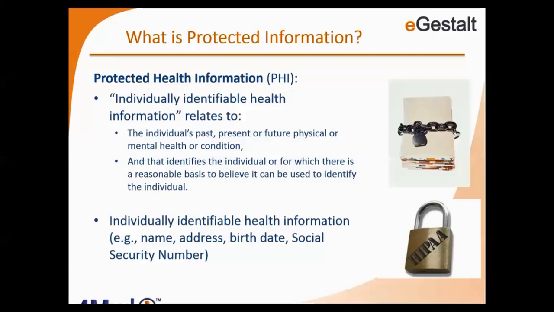And the reason this is critical is because PHI contains information about the individual, the patient, that could be a name, address, birth date, social security number. It could be related to the past, present, or future physical or mental health condition. It could be anything that can be interpreted and related to a particular individual that is considered to be protected by the HIPAA regulation.